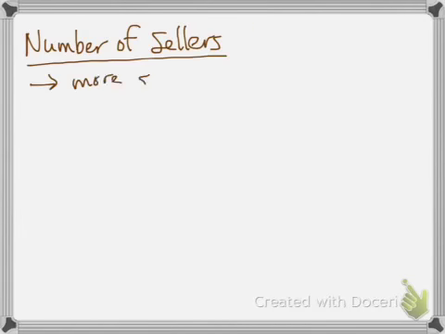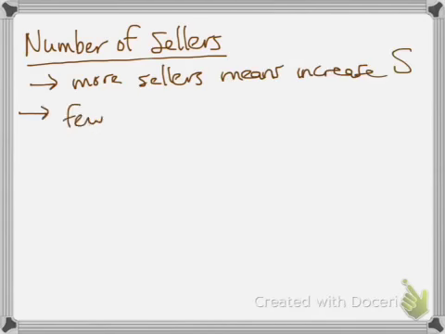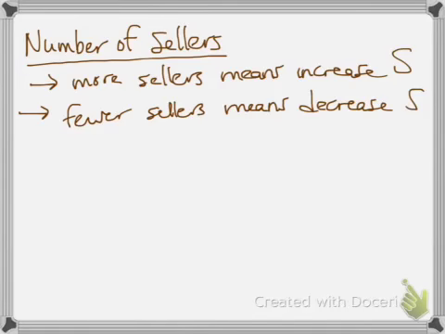Now, lastly, the number of sellers. And this one may seem sort of intuitively obvious, almost insulting to your intelligence. Of course, if there are more sellers, we have more supply. And if there are fewer sellers, we have less supply being brought to the marketplace.